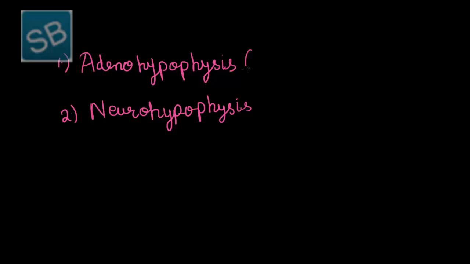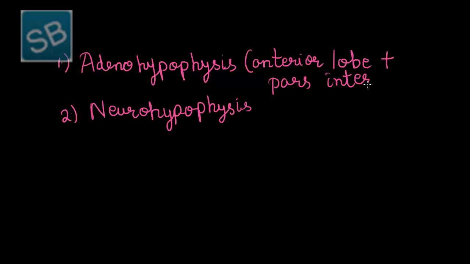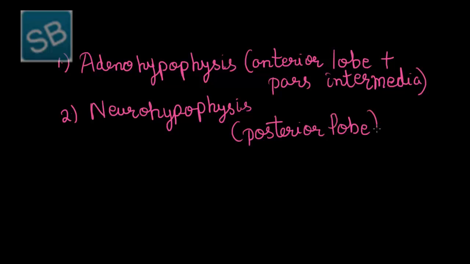Adenohypophysis constitutes the anterior lobe of the pituitary gland plus the middle layer, which is called pars intermedia. And neurohypophysis constitutes only the posterior lobe of the pituitary gland. These both structures secrete different types of hormones.